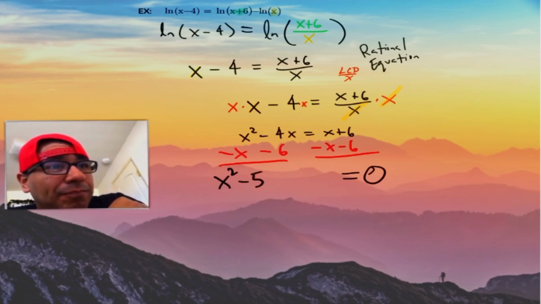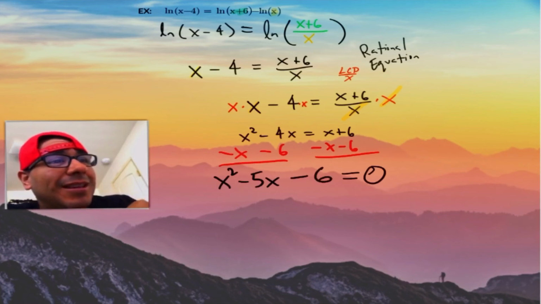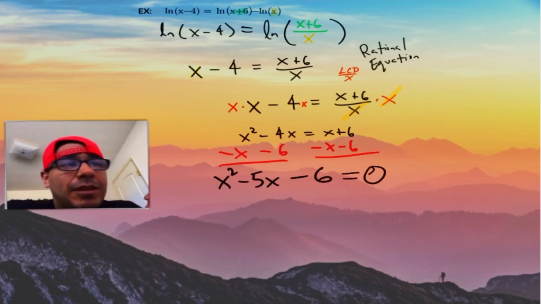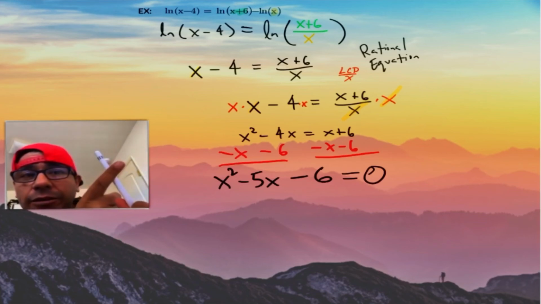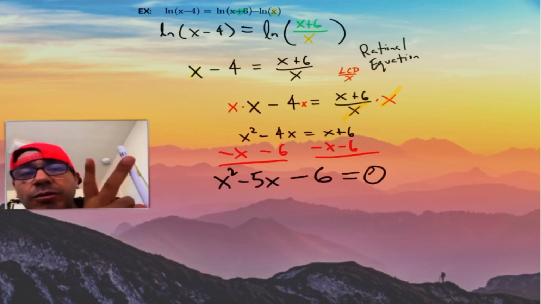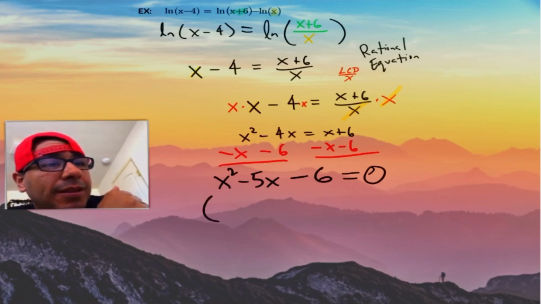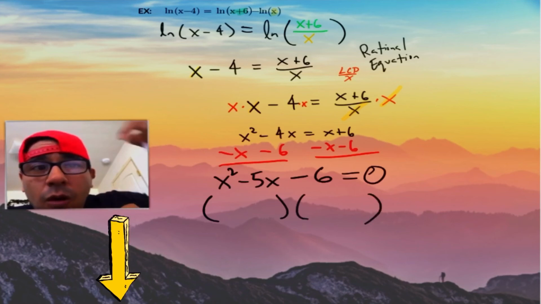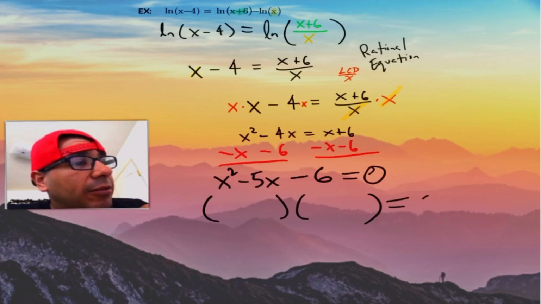So don't forget to combine your like terms here. So we get x squared minus 5x and then minus 6. Again, we said this is a quadratic, so you have 2 options. Hopefully you could factor. If not, we can use the quadratic formula. But I think we'll be able to factor this. Again, I got a video right here, in case you need help factoring.